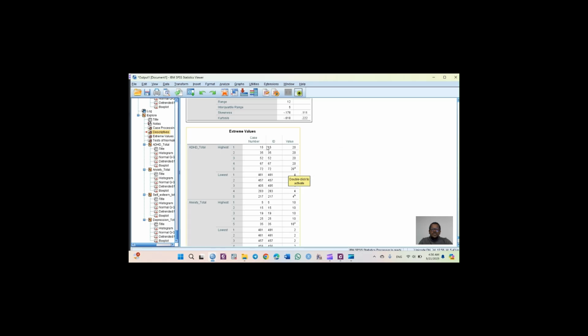So it shows the highest and the lowest, you can check. But these extreme values are not necessarily outliers. It only shows the 5 highest and the 5 lowest values. To detect outliers, a box plot is much better than this.